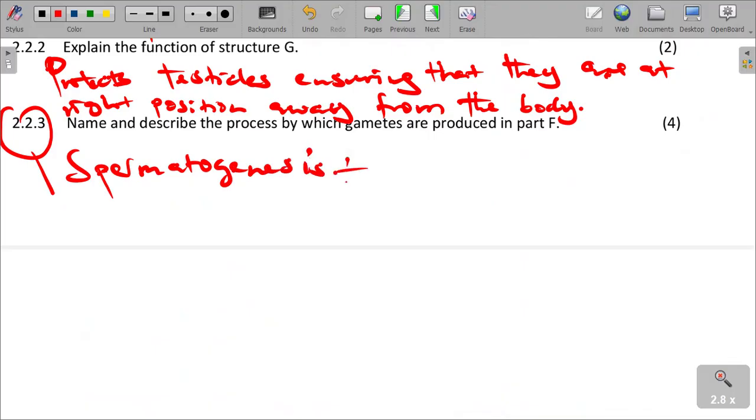This is the formation of sperm cells, which is because of the influence of testosterone.